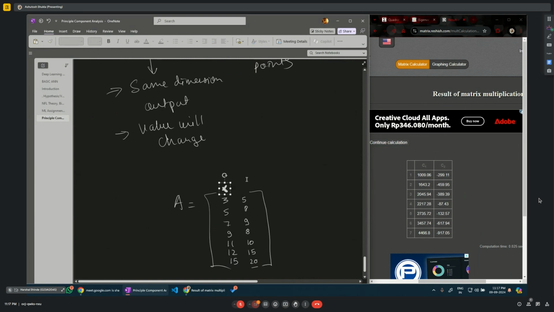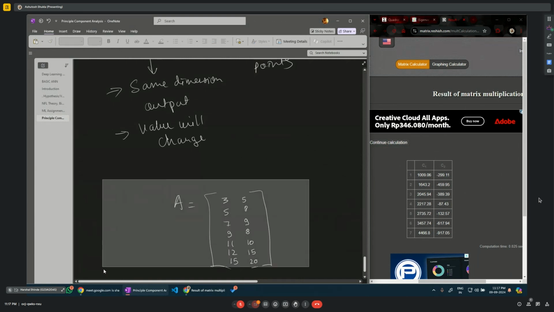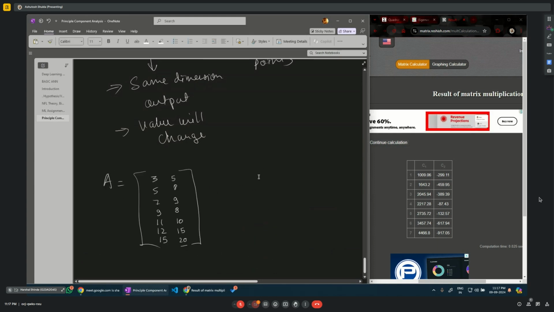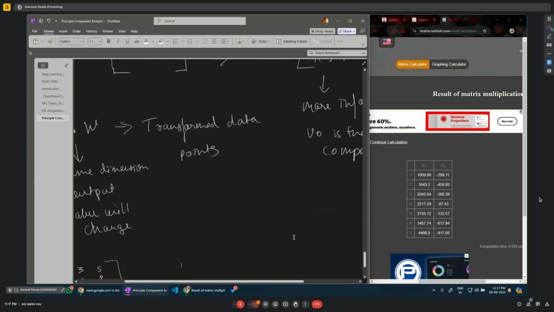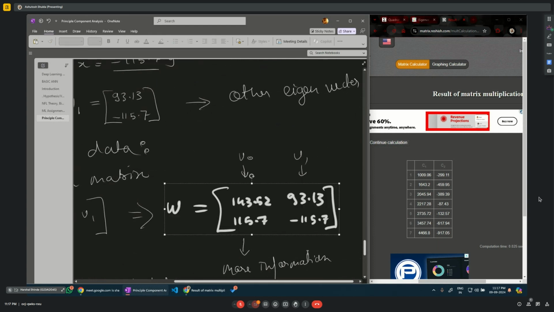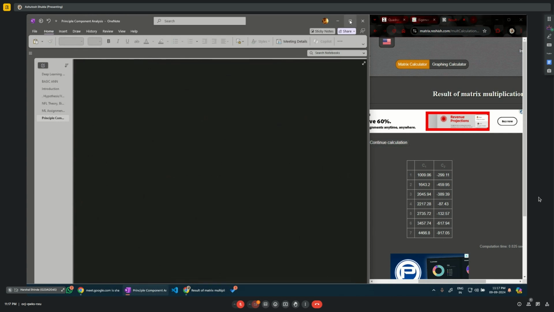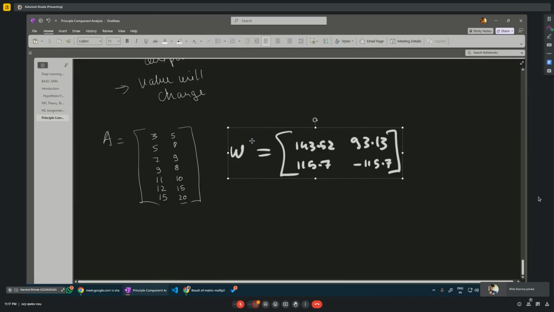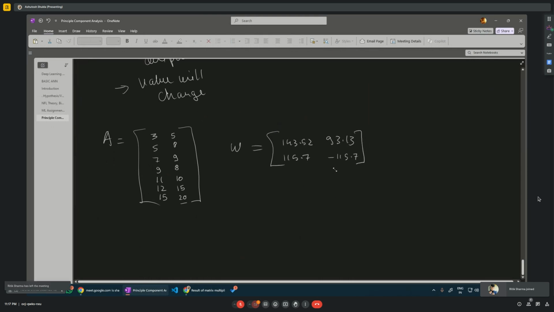Delete that, and I'll move it over here. And W is this. Copy, paste. So that's A and the transformation matrix.